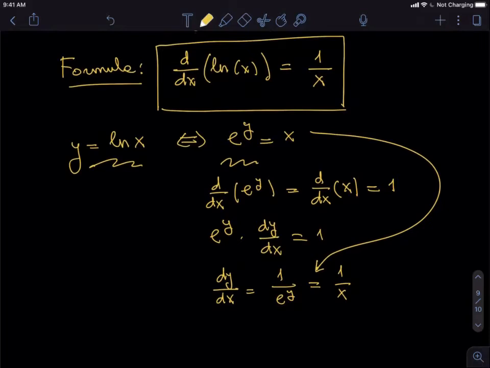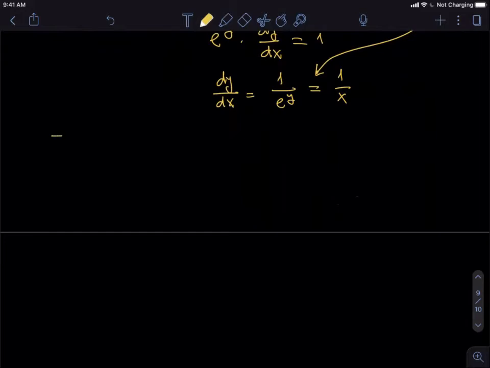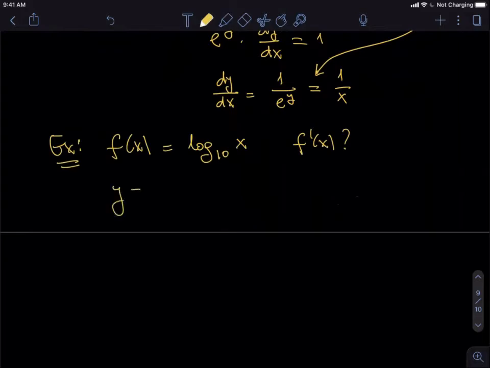Now, for those of you who have an allergy to anything that looks like a proof, this computation is very important to know, because sometimes, for example, you are given f(x) equals the logarithm in base 10 of x. How do you find the derivative f'(x)? If we don't remember the formula, we are kind of done, right? Unless we remember this trick that I just showed you.